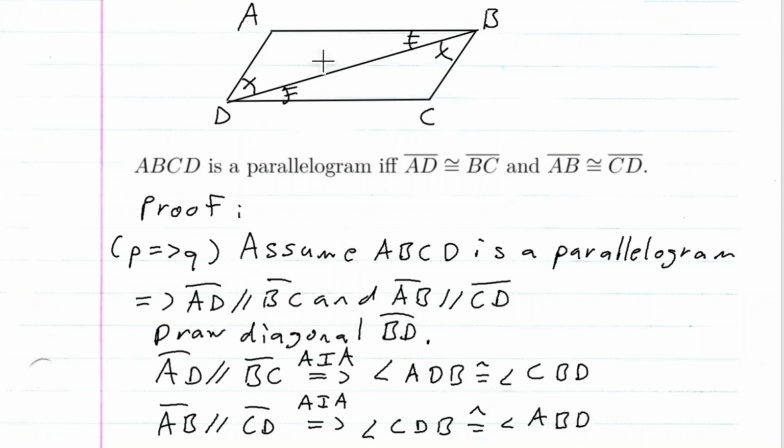So what we have here is we know these two triangles are congruent by the angle side angle congruency postulate, because BD is shared between both triangles.